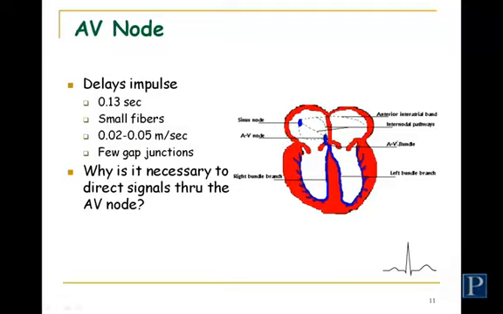That was the annulus fibrosus. It will stop the electrical activity that's coming from the atria from going directly to the ventricles. The only normal way you're going to get that electrical impulse to go in the ventricles is going AV node and then through this part here, the AV bundle.